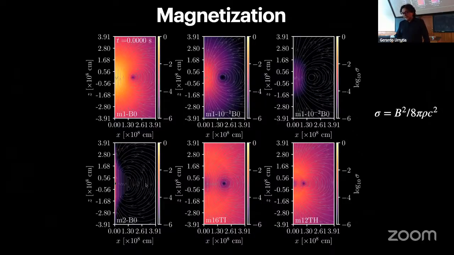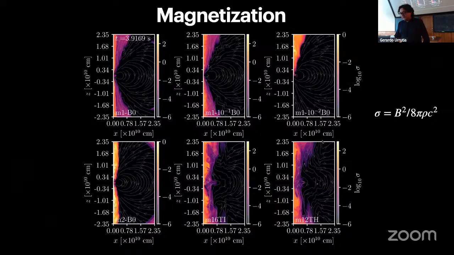And here I impose a hybrid geometry of the magnetic field, just to see what the final jet propagation is. And these last 2 panels refer to different star models. So yes, here is a slide of almost 4 seconds of evolution.